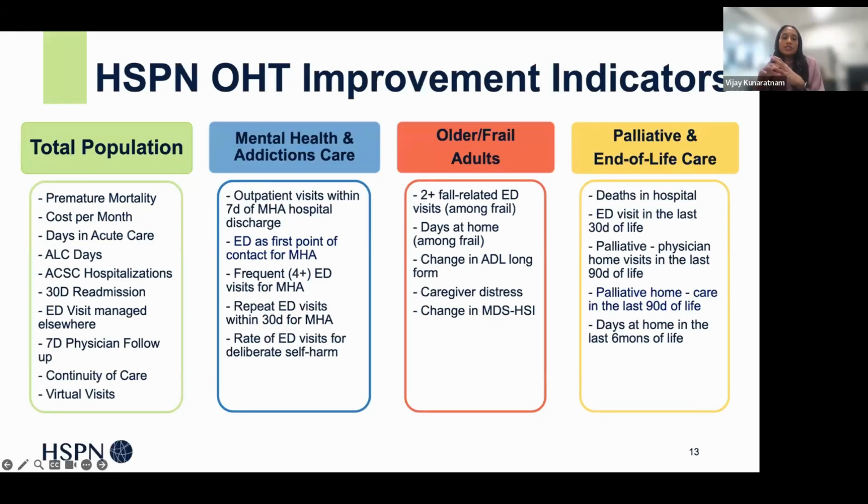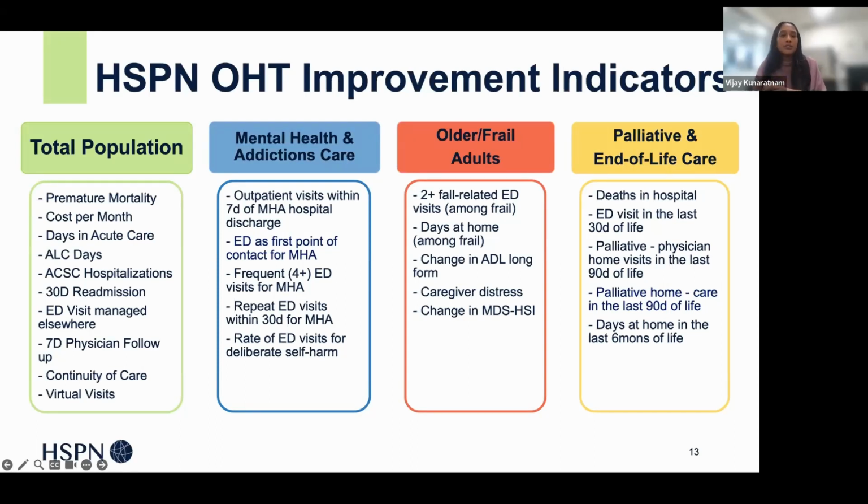So these are just a list of improvement indicators that we looked at when we were ranking all of the OHTs against each other. And you can see there's 4 major headings or subgroups. The first one is we have 10 overall total population improvement indicators. And we look at things like premature mortality, ALC days, ACSC hospitalizations.